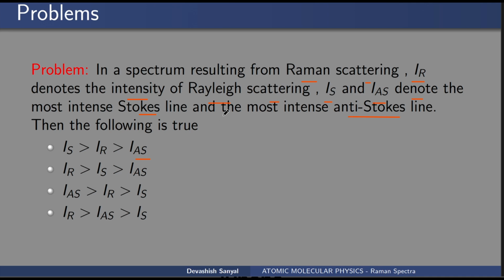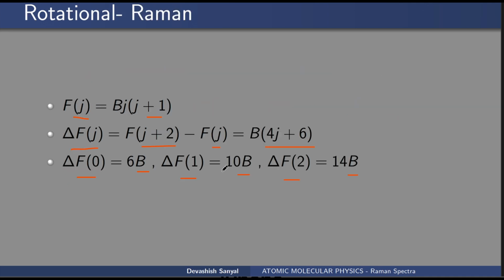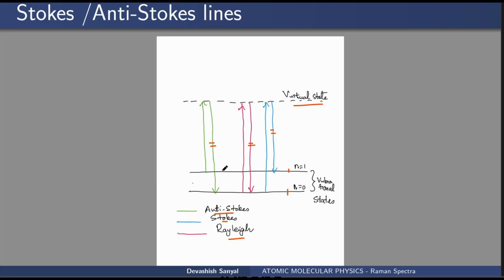Always remember that the Stokes line, the blue one, the excitation is from a lower energy level, and say at a low temperature, the lower energy level has the highest population compared to higher energy states.